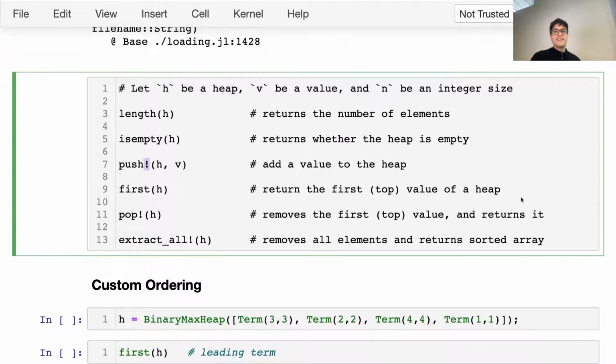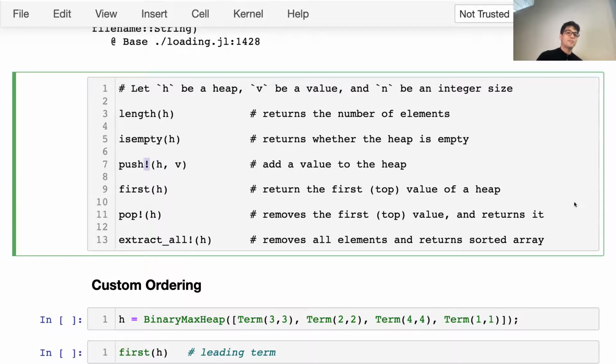Okay, so any ideas about how we can utilize this for our sparse polynomial arithmetic? What happens if you make your terms attribute a heap? What we need to be able to do is push a leading term and pop a leading term. So how should we order the heap, right?